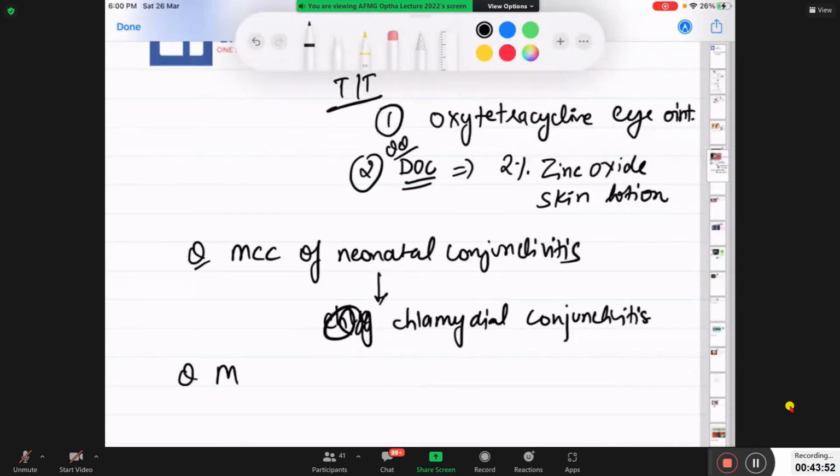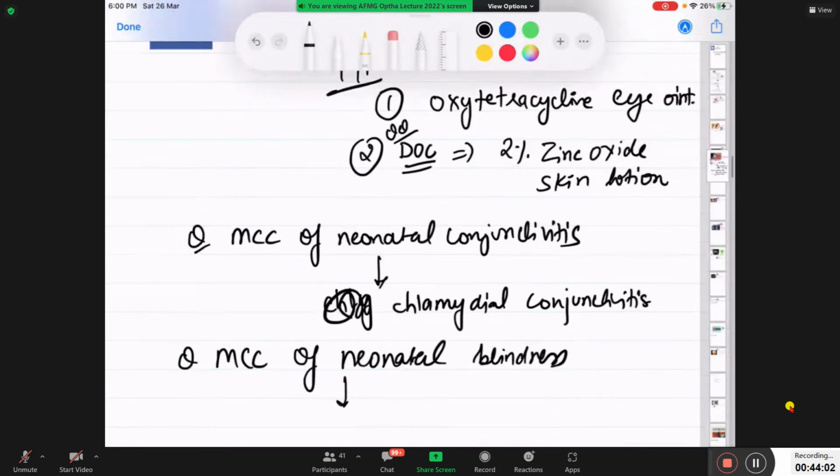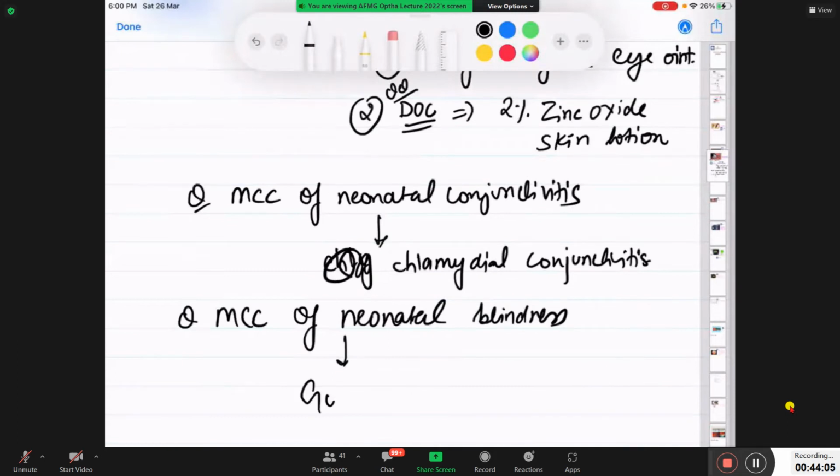Next important question, if they ask you the most common cause of neonatal blindness, then the answer will be gonococcal conjunctivitis.